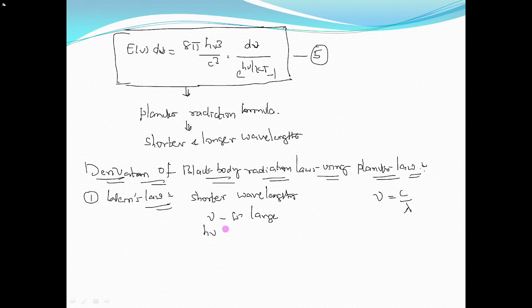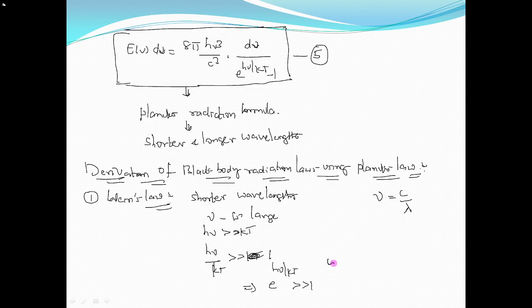So this numerator value is large. What happens? h nu is greater than kT, which means the numerator is very much greater than the denominator. So h nu by kT is very much greater than 1. This implies that e power h nu by kT is much greater than 1.